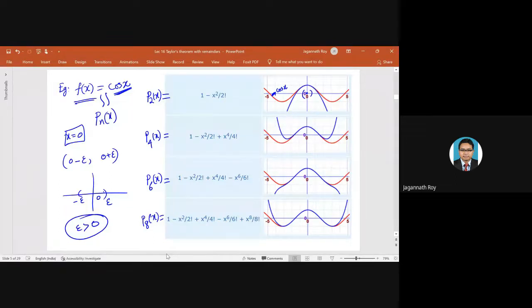If you take a second order polynomial, then this red curve and this blue curve are matching up to here. But if you take a fourth order polynomial, then you can see that this interval has increased, for example, minus 2 epsilon to 2 epsilon.